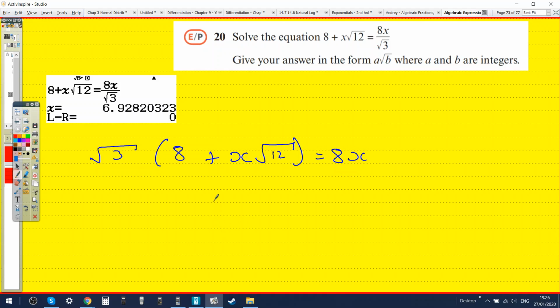They want it in the form of a square root, so we'll keep it as a square root. What is root 3 times 8? Root 3 times 8 equals 8 root 3. And that's the kind of form that they're looking for, so we'll just keep it like that.